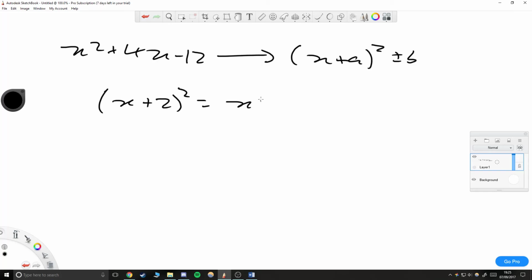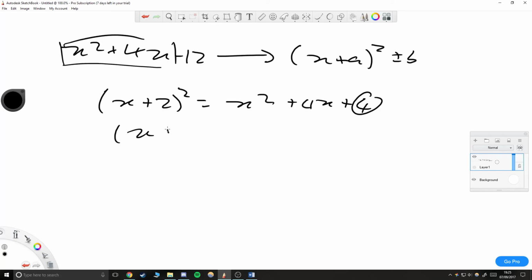Then we expand it out and realise we've got this plus 4, which needs to be removed from this bracket in order to make it equal to this first half here. So we have x plus 2 all squared minus 4.